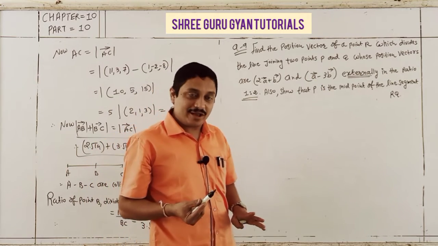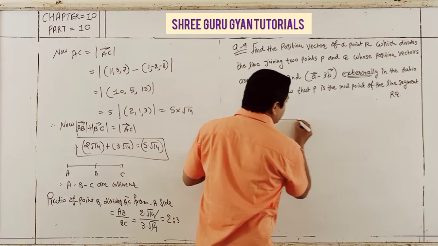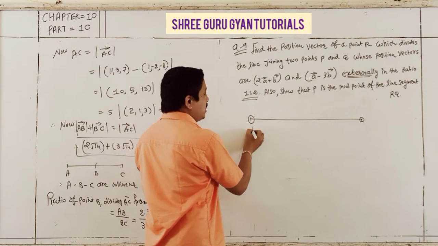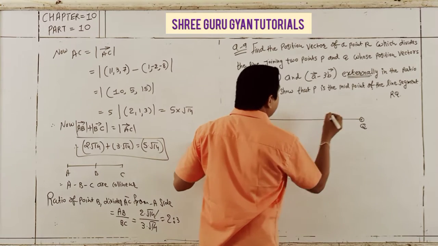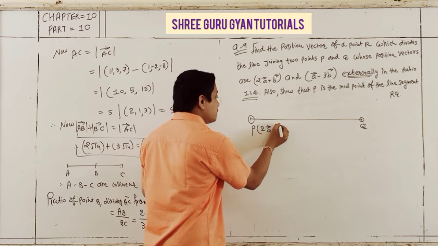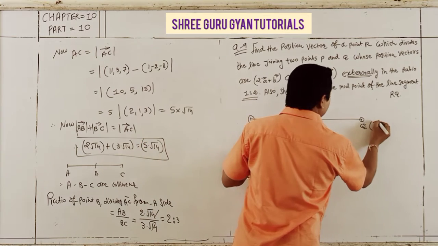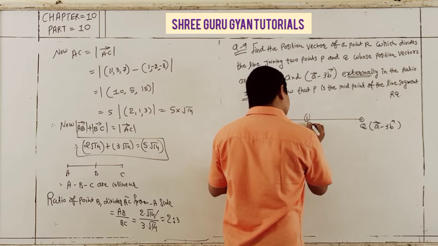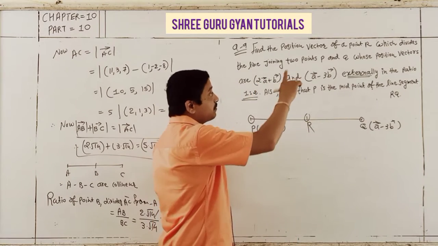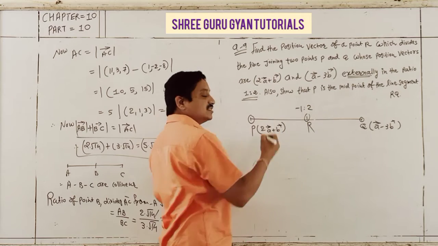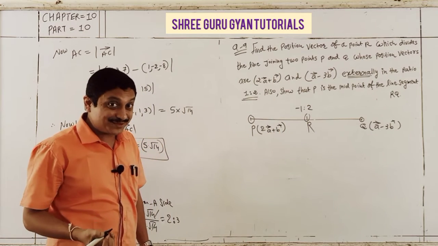That's the second proof. First of all, I am going to do the external division for P and Q, having position vectors P as 2a plus b and Q as a minus 3b, and here the point is R. The ratio is 1:2, but for external division it is -1:2.